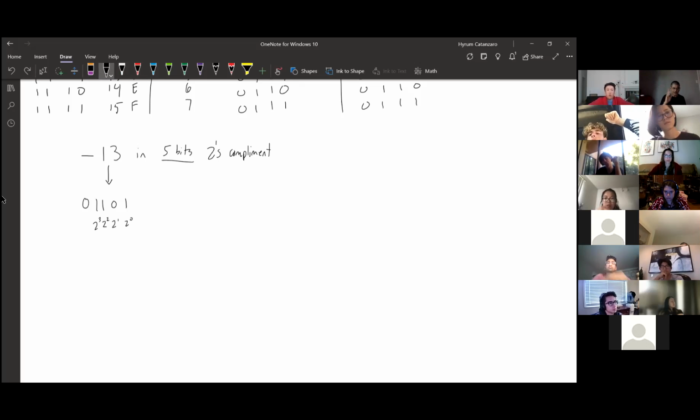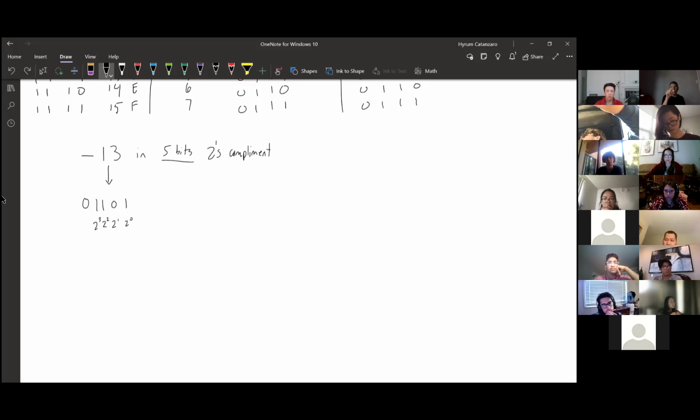So we know 13 is the version I want to use, but I want negative 13. So I want a bit pattern. I want a 5-bit pattern, which when added to this pattern for 13 is going to give me all zeros. I don't care if there's an overflow because the overflow is going to be discarded, but I want some bit pattern which, if you add to it, will give all zeros. Can you discover that?